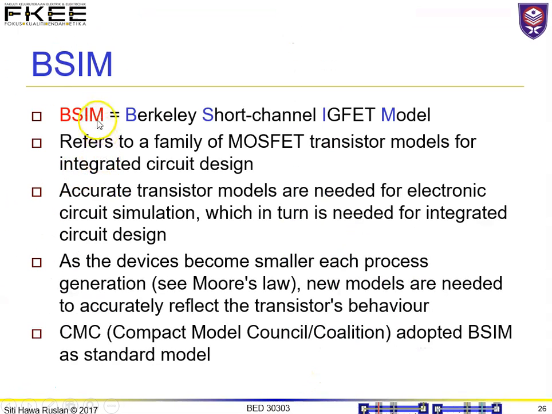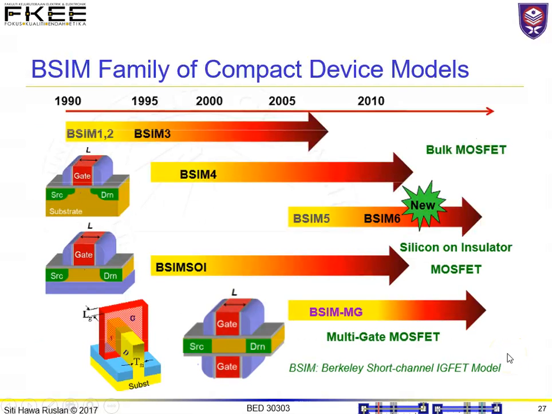So what is BSIM? BSIM is the Berkeley Short-channel IGFET Model. IGFET is insulated gate field effect transistor. It started at Berkeley. It refers to a family of MOSFET transistor models for integrated circuit design. And we have the Compact Model Coalition, CMC, that adopted BSIM as a standard model.